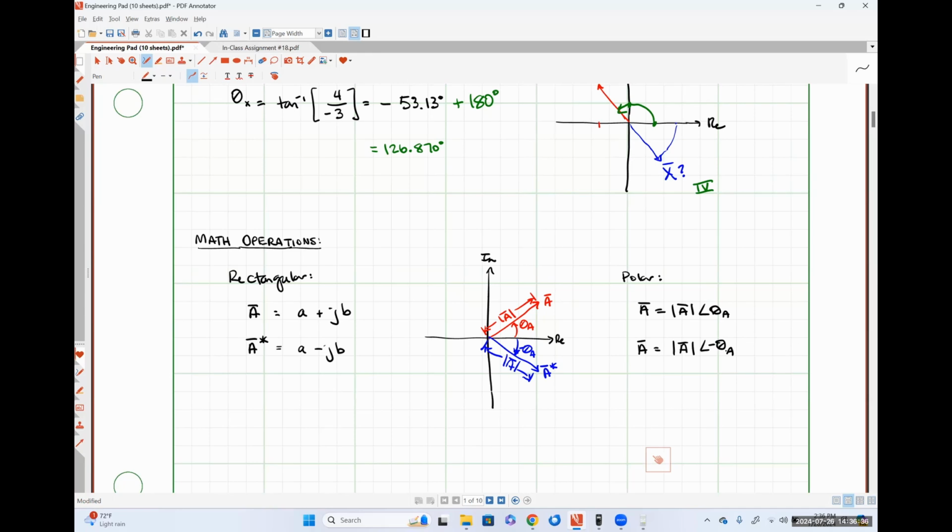So the conjugate operation simply changes the sign on the imaginary part for a rectangular form complex number and changes the sign on the angle for a polar or exponential form complex number. I just wrote polar form down because that's what our calculators handle. Any questions regarding the conjugate operation?